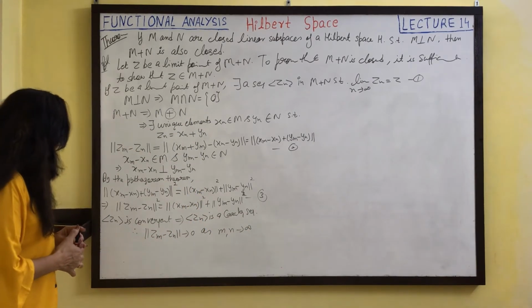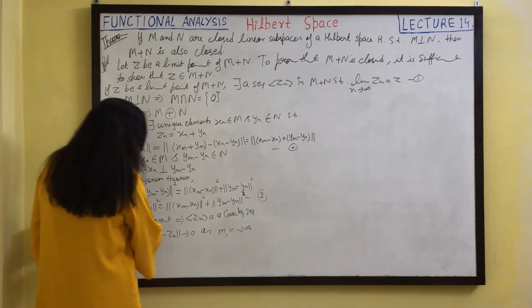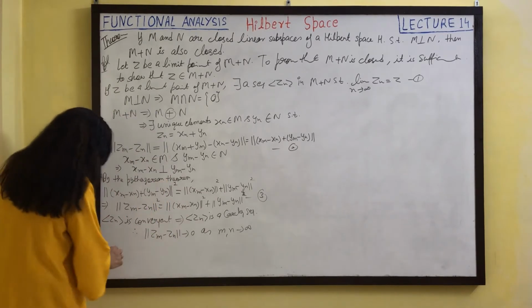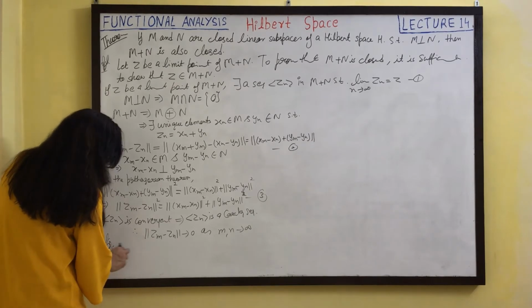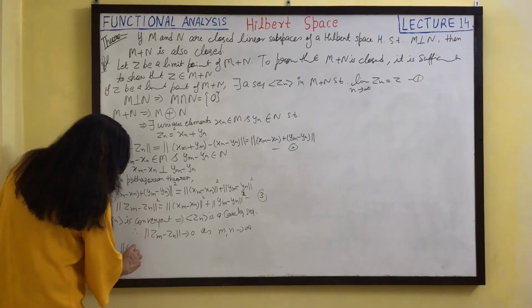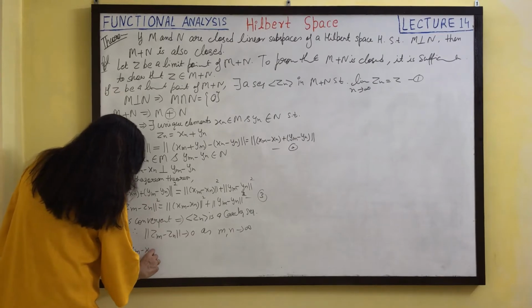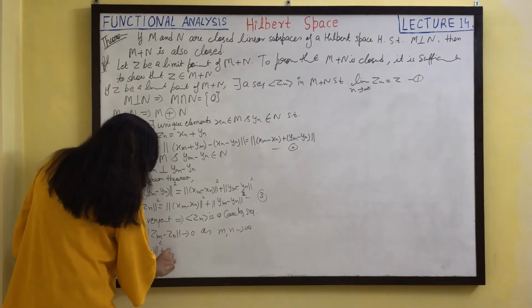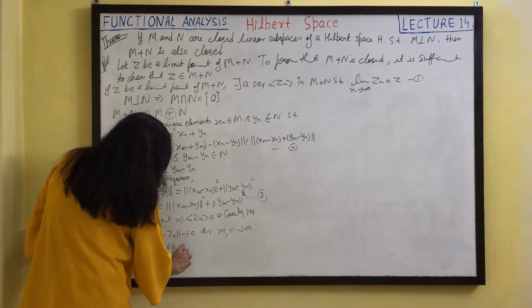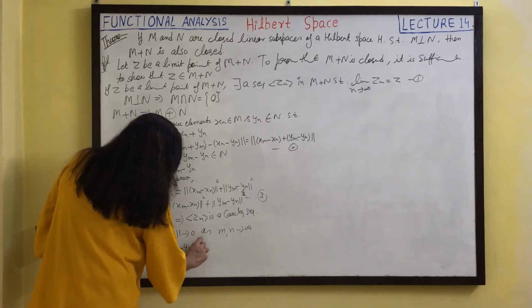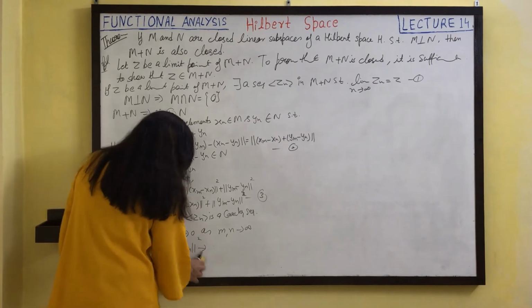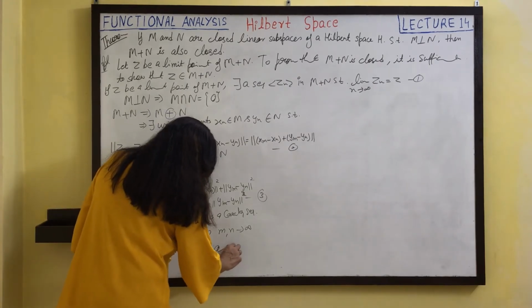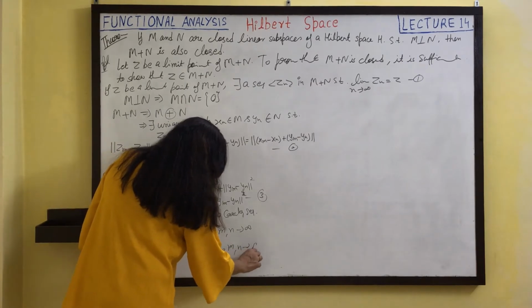Okay, now from the third relation we can write norm xm minus xn squared plus norm ym minus yn squared tends to 0 as m, n tend to infinity.